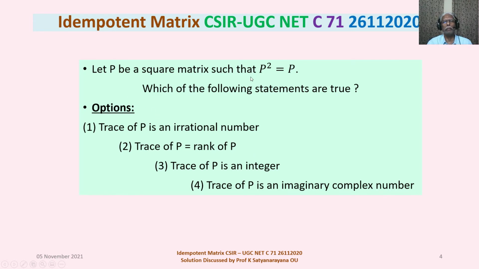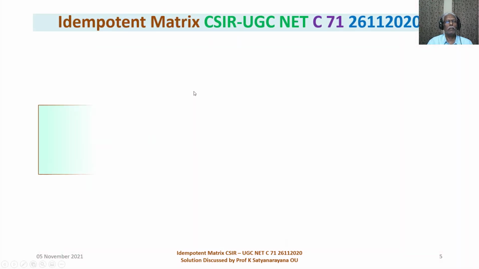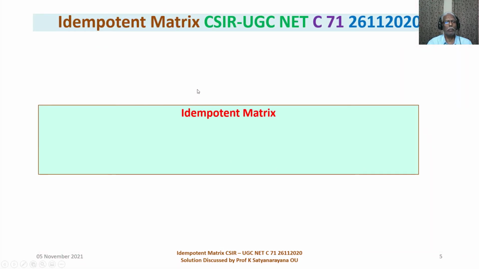Matrices of the type P square is equal to P are called idempotent matrices. The question asks for what is the trace of an idempotent matrix, and the 4 options are given. Before going into the discussion of the solution of the problem, let us recall some of the results on idempotent matrices.